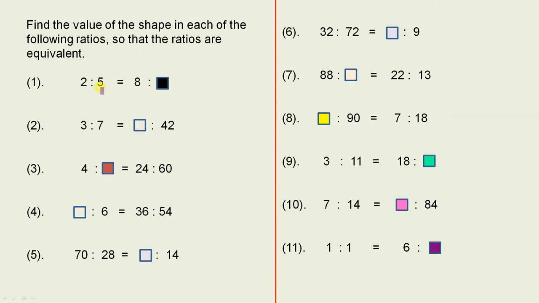So what do we think we do with the 5 to arrive at the square? We have to multiply it by the same number, because when we do that, we keep the value of each ratio the same. They might be different numbers, but the actual value will be the same, and it's similar to the work we did on equivalent fractions a lot earlier. So it's exactly the same with all of these.